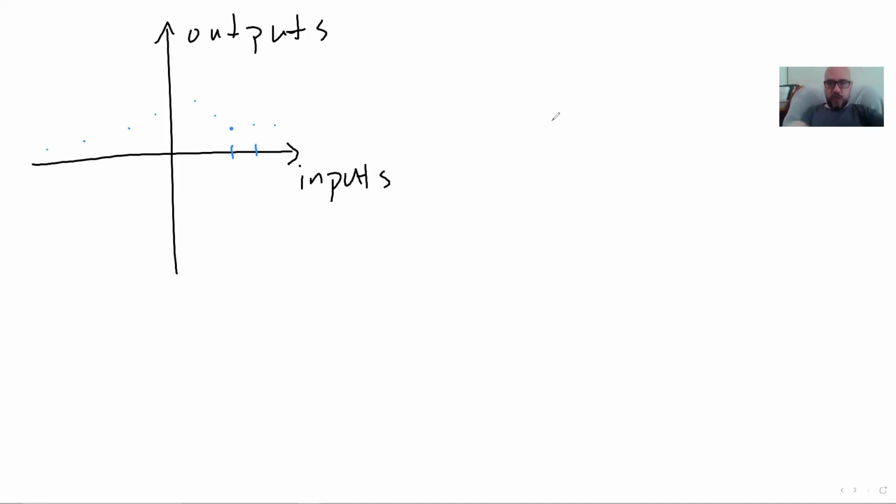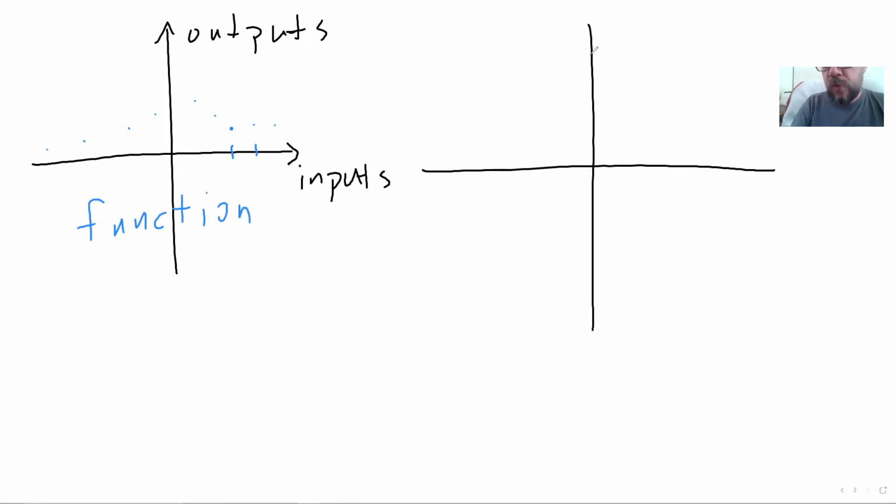Okay, so this guy's a function, as opposed to something like this, where I can get different outputs from the same input, right?